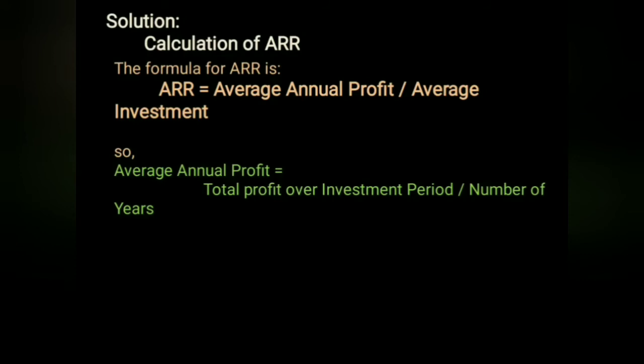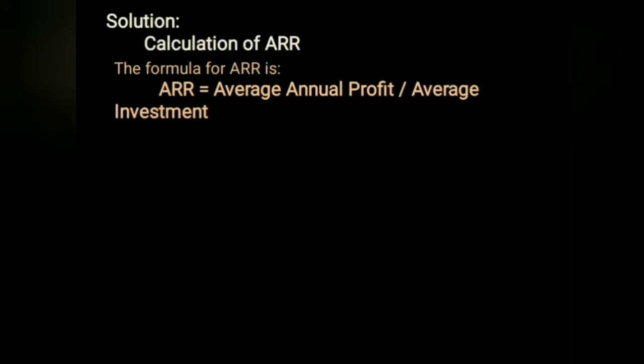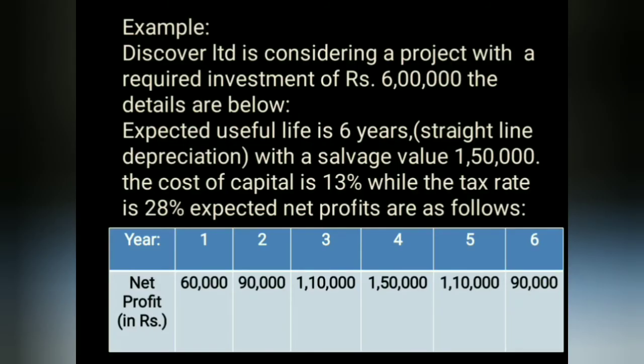What are the total profits over the investment period? In the problem itself they gave us, for the 6 years, net profits of 60,000, 90,000, 1,10,000, 1,50,000, 1,10,000 and 90,000. That we have to add for the total profit over the investment period.